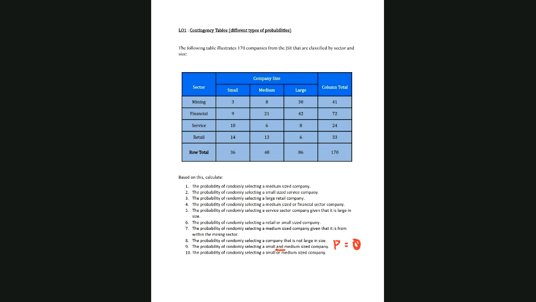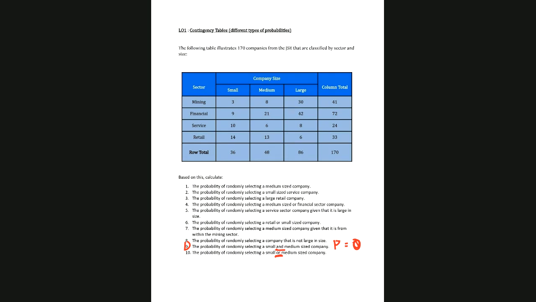And then the last one, in line with number 9, says the probability of randomly selecting a small or a medium-sized company. And here, as I was saying to you in the previous question, it is possible to have one or the other.